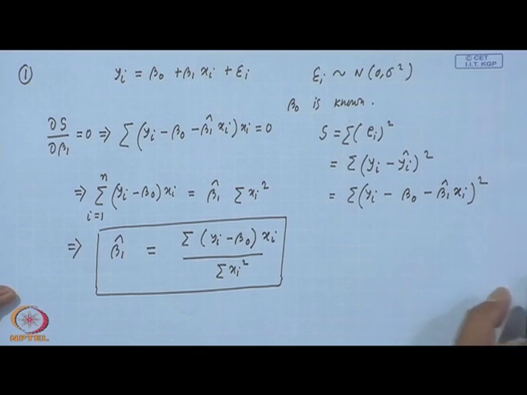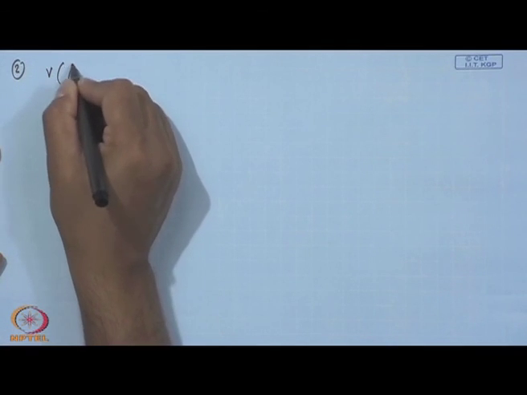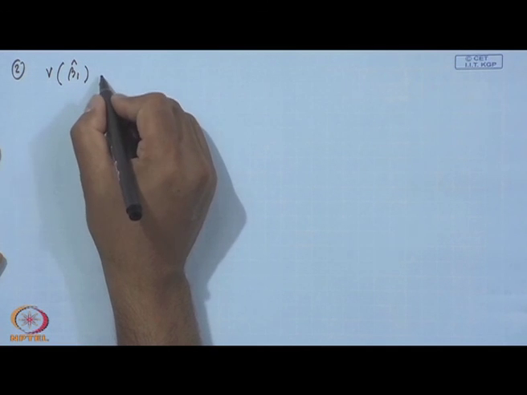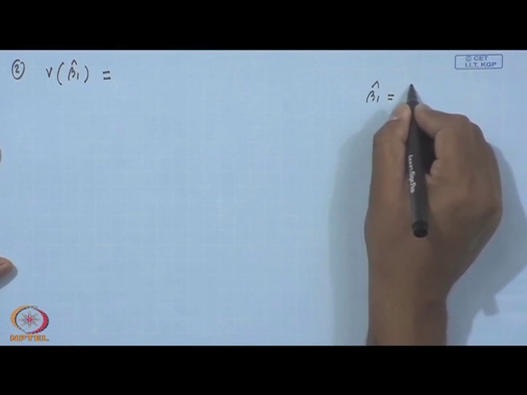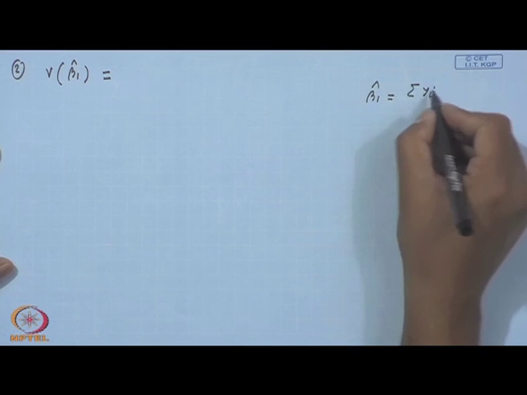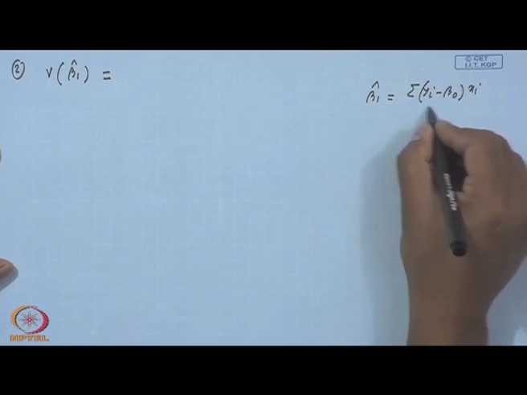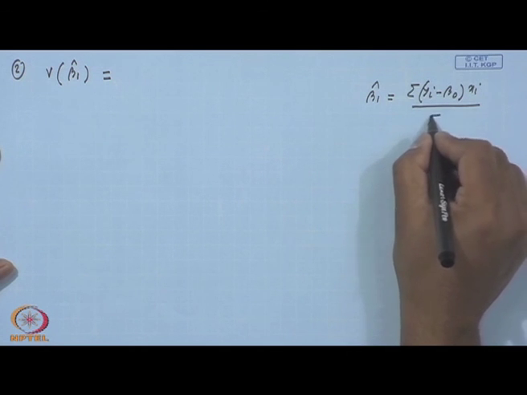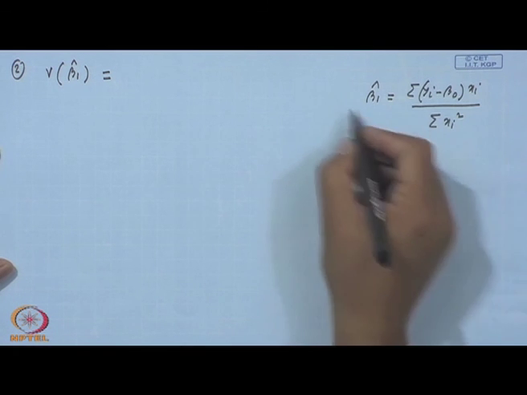The second problem is to find the variance of beta 1 hat. What is beta 1 hat? We just found that beta 1 hat is equal to summation y I minus beta naught into x I by summation x I square. So, the variance of this one.